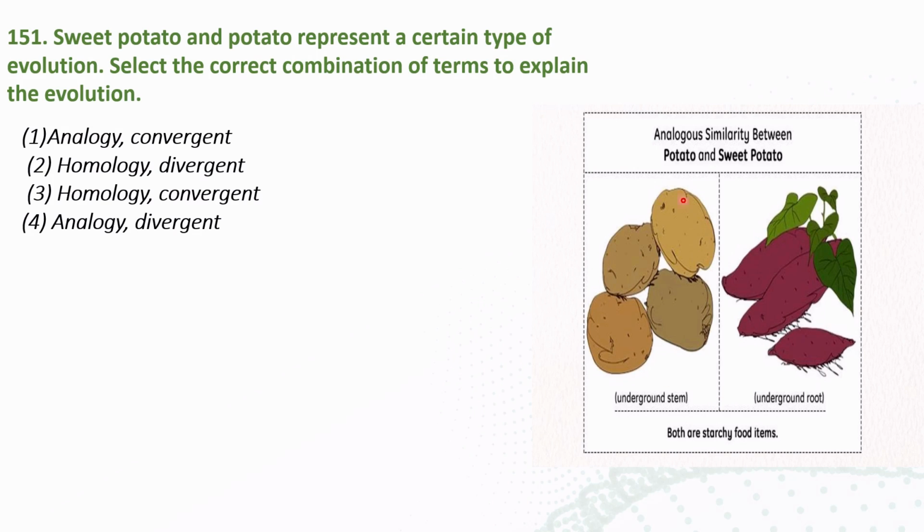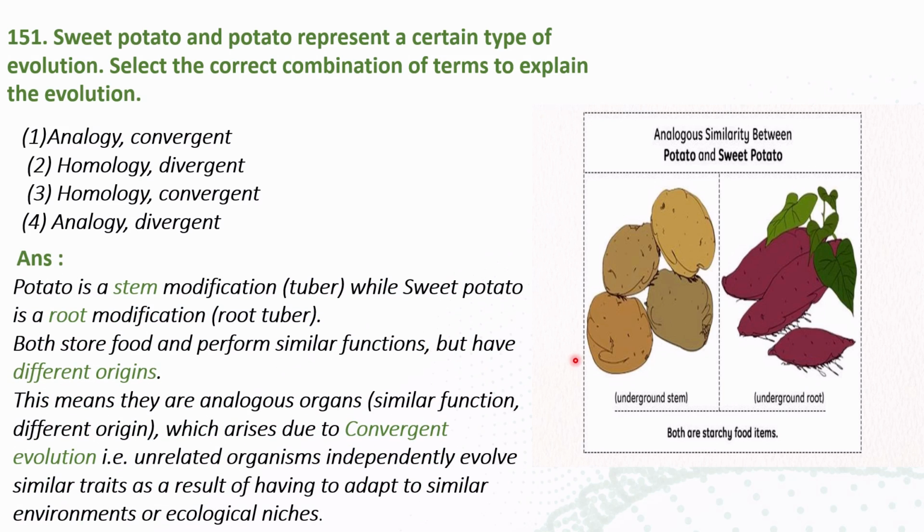Why? Because the potato is a stem tuber, meaning it grows from the stem, whereas a sweet potato is a root tuber. It evolves from the root. That's why these two originated differently. Species having similar functions and structure, but different origins, are known as analogous.